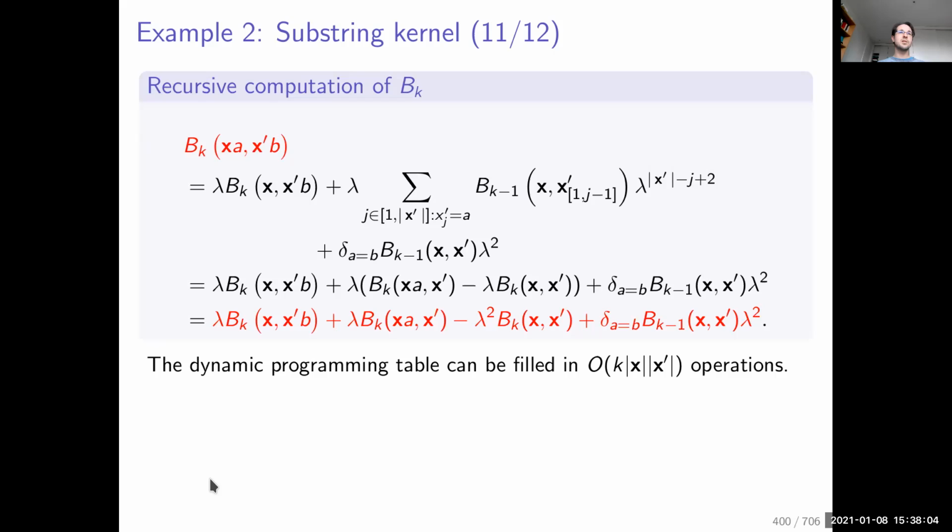If you continue that, this is the final formula which is of interest. This quantity bk, if you add a letter to x and a letter to x prime, you can obtain it in constant time given quantities that you may have computed previously, which are bk of x prime b, bk of xa x prime, bk of x prime, bk minus 1 of x prime. This quantity bk, we'll call the dynamic programming table.